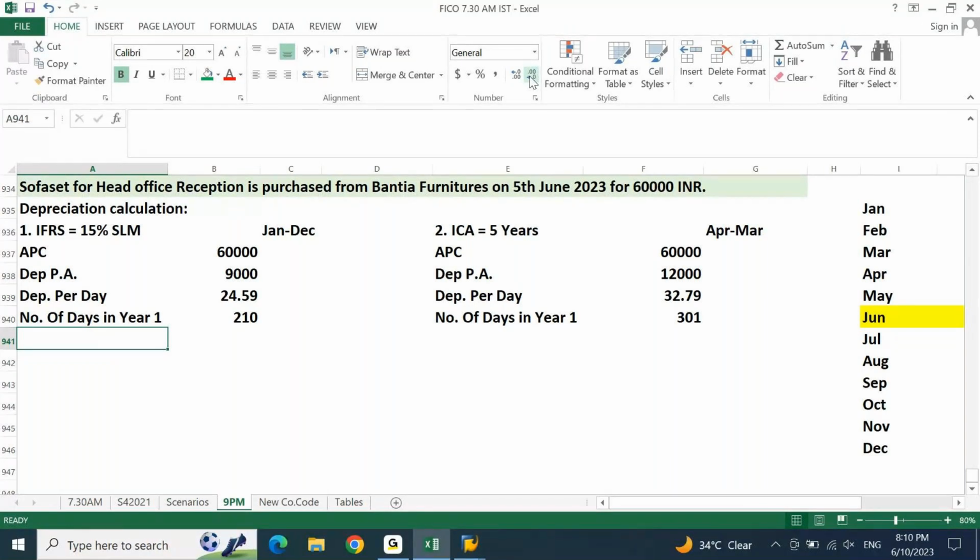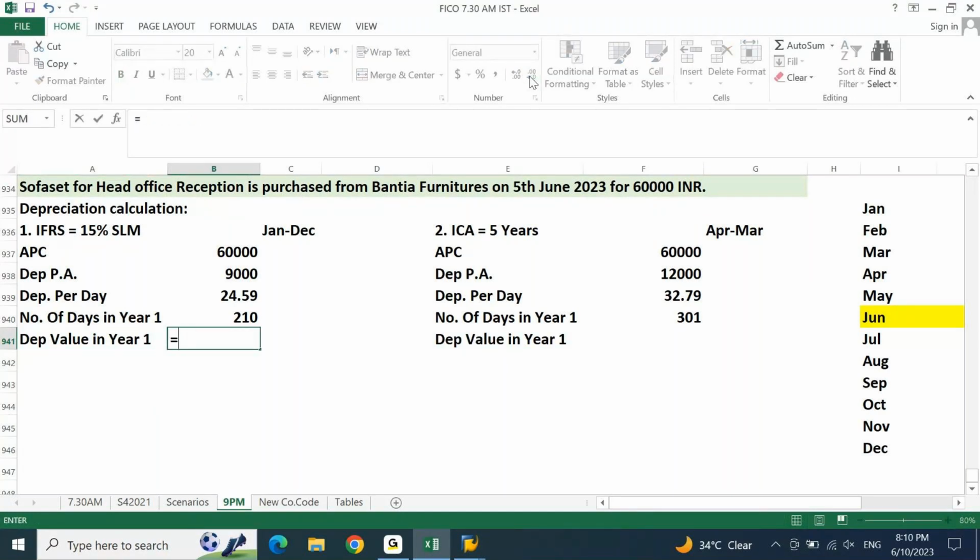Now depreciation value in year 1. We need to calculate depreciation that system is going to bring for year number 1. So here it will be per day depreciation multiplied by number of days in year 1. So your first year depreciation will have to be this much when you create the asset in SAP.